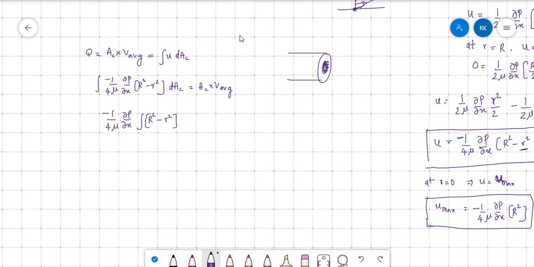What is differential area? So, if I'm projecting, this will be the differential area. This is radius r. Let me draw another.